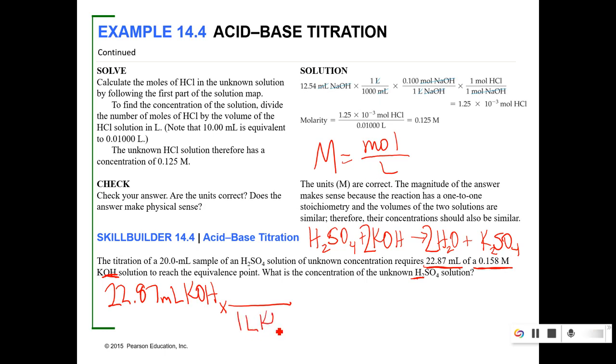So 1 liter goes on the bottom, and then the molarity goes on the top. So 0.158 moles KOH. Now, oops, that's not done because we don't need moles of KOH. We need to get to moles of H2SO4. So this is the mole ratio.